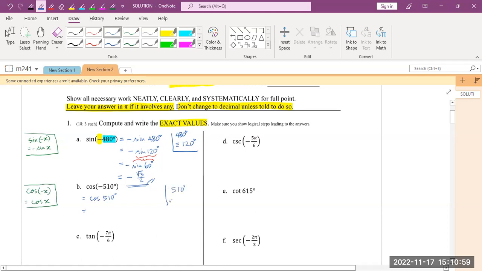If we subtract 360 degrees, we get 150 degrees. So cosine 510 degrees is the same as cosine 150 degrees, which is in quadrant 2, so cosine is negative, and the reference angle for 150 degrees is 30 degrees. So this is negative radical 3 over 2 as well.